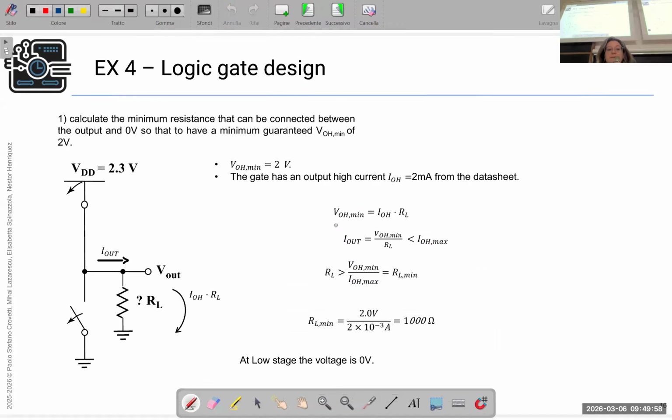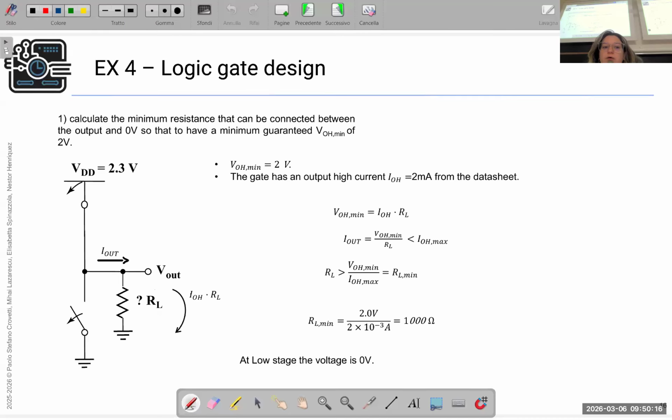Let's see. So the first task is the minimum resistance. When there is no specification, the minimum resistance that you can connect from the output to the ground is just the load, as we talked before regarding the capacitance.